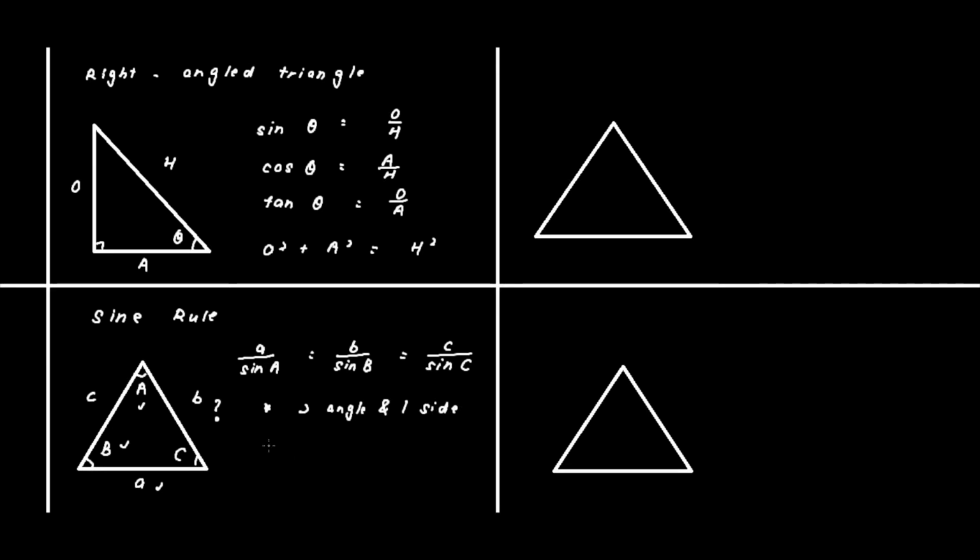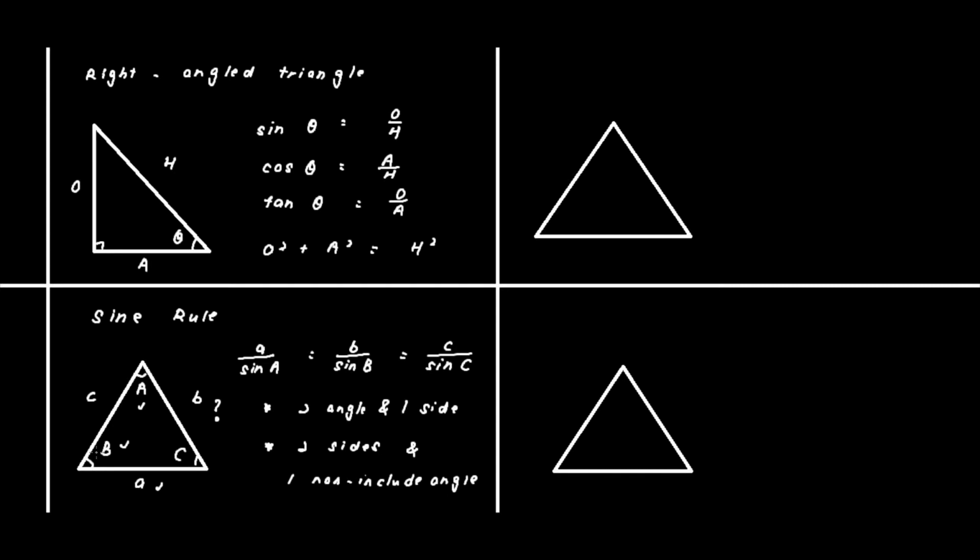The second is you have two sides and one non-included angle, which means it's not the angle between the two sides that you have. For example, in this case, if I have c and A, I'll need to have A or C, then only I can find the other angle, right? Yeah, so that's the idea.